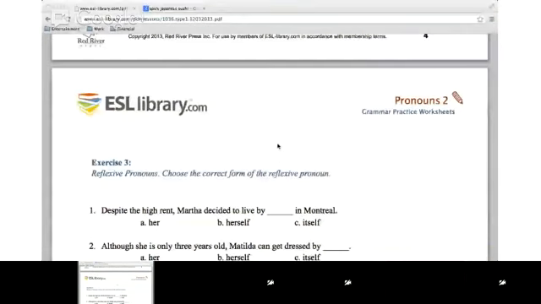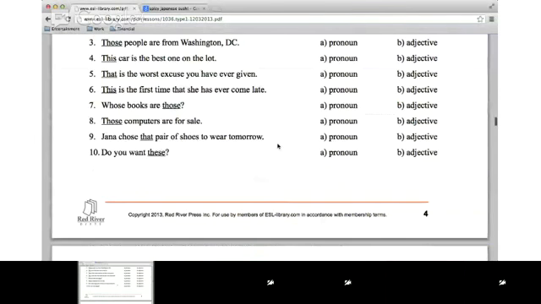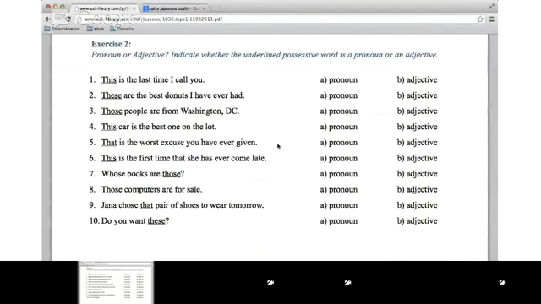Let's go up. Because I can say, whose books are those books? Now if I said those books, then those would be an adjective. But since I stop on those, those would be a pronoun.